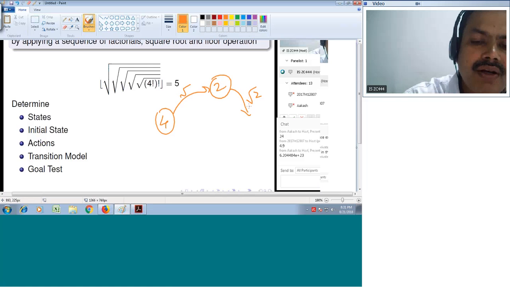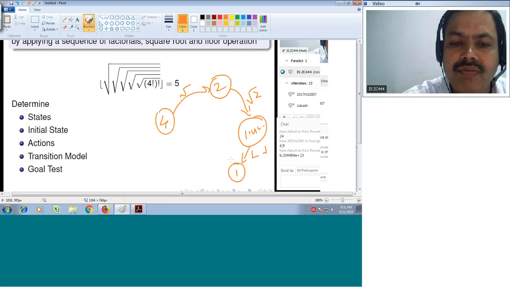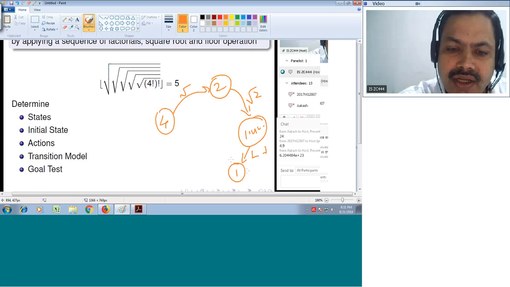You get 1.44 and so on. Then you apply floor. Then you get 1. Okay, you got the numbers 1 and 2 both. Then you can apply square root, and you are getting again 1.